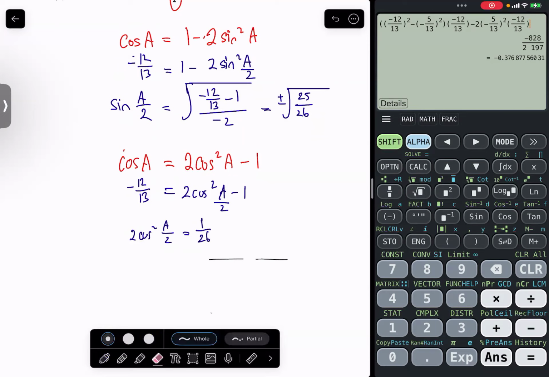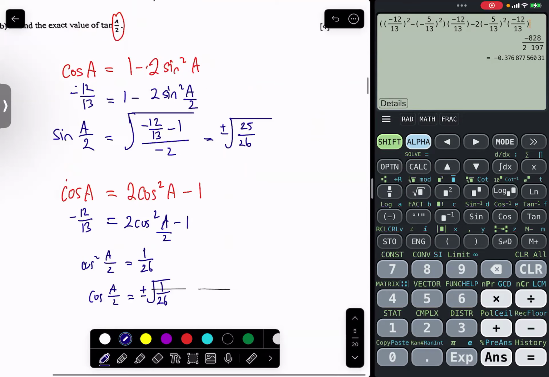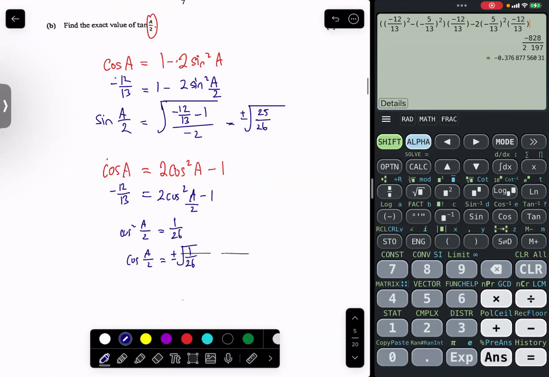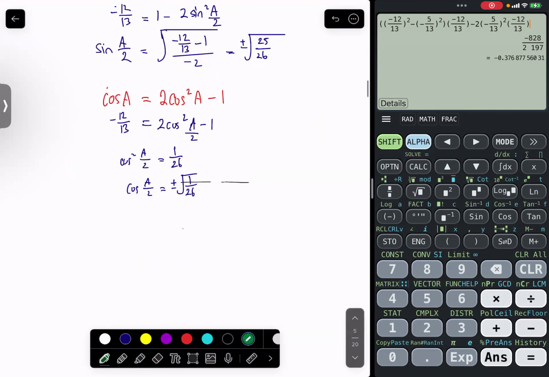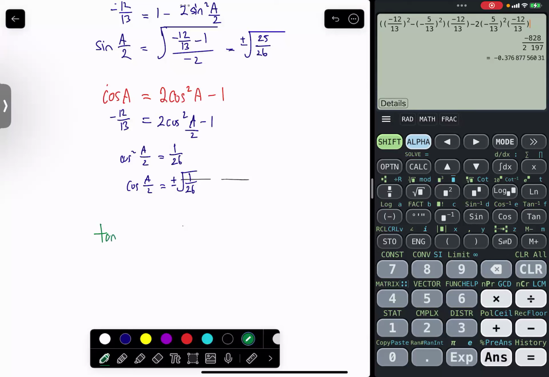Okay, so cos(A over 2) equals plus minus square root of 1 over 26. Okay, so tan(A over 2), right? Tan(A over 2) equals sin(A over 2) divided by cos(A over 2).